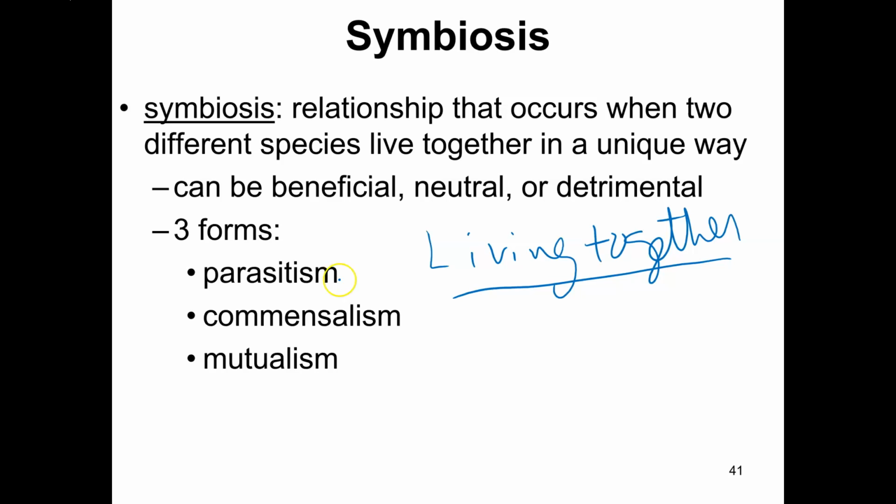Parasitism is a form of symbiosis that is detrimental to at least one of the organisms. Commensalism is a form of symbiosis in which there's no real benefit to one. One might get a benefit, the other one doesn't really get anything. And then mutualism is a symbiosis in which both are going to benefit.